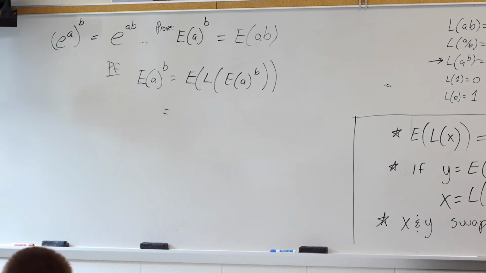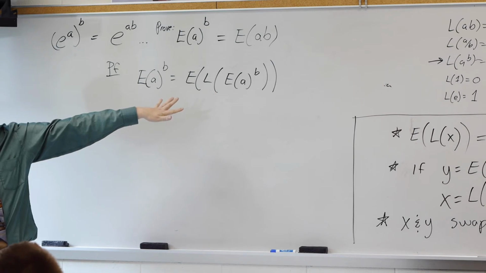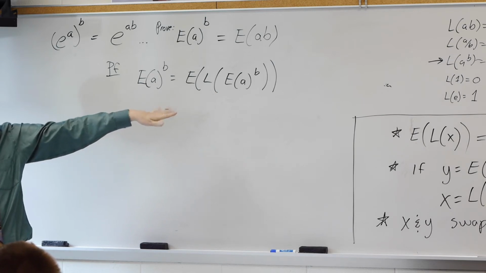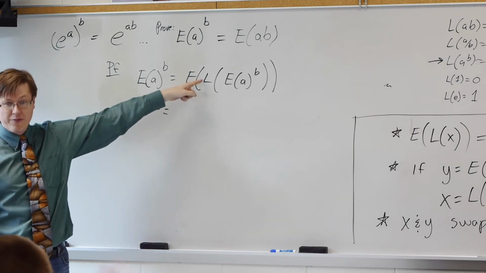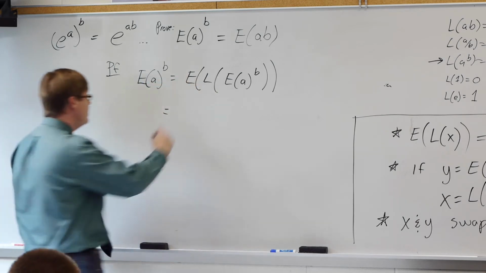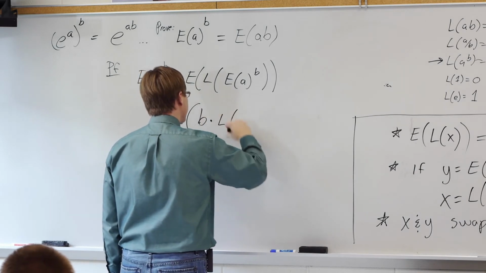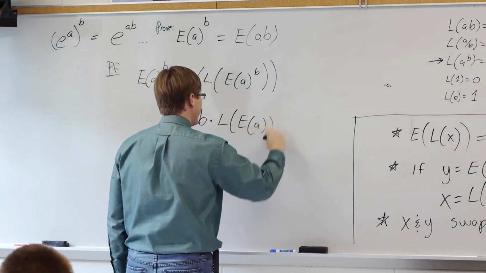Perfect. Now that I've written it this way, what can I do now? The b can come in front of the L, right? Because of that third property. So it's E of b times L of E of a.